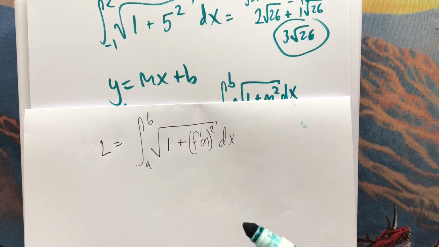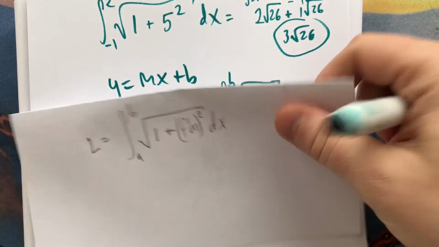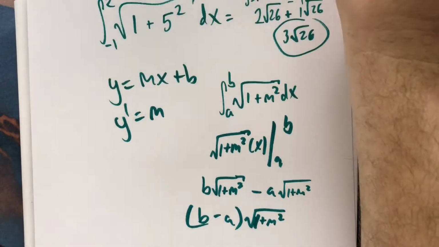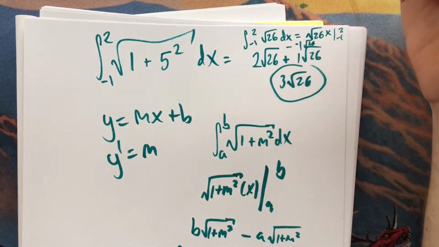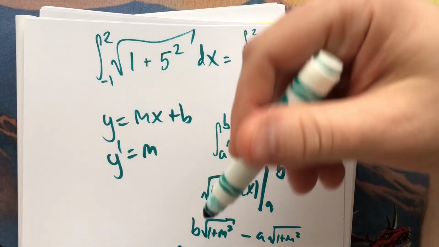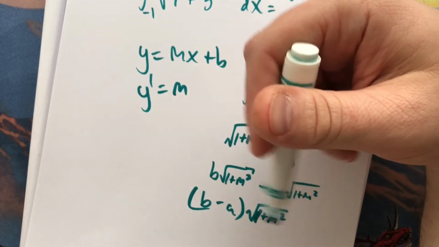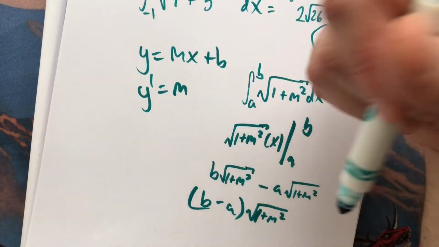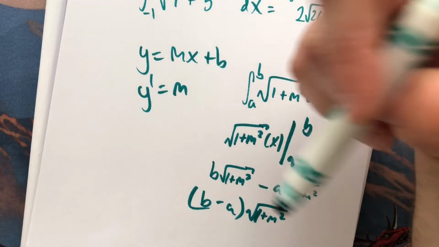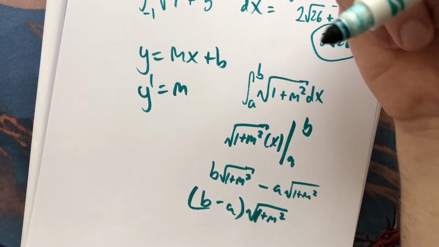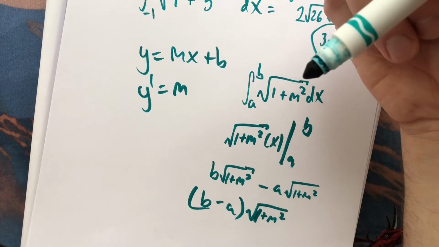If that's not just a little bit amazing, think about it some more. We started from scratch and developed something that works universally. And then using that, we developed the length of any line, no matter how steep or shallow the line is. Now we know how long the line is from a starting point to an ending point. That's pretty cool that we were able to use calculus and get these ideas.